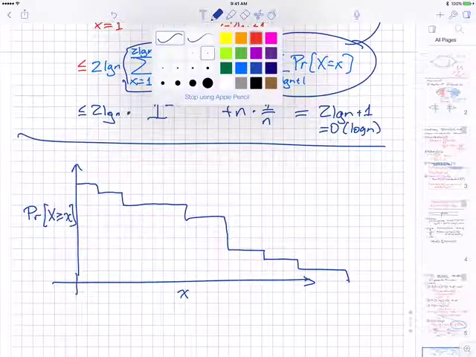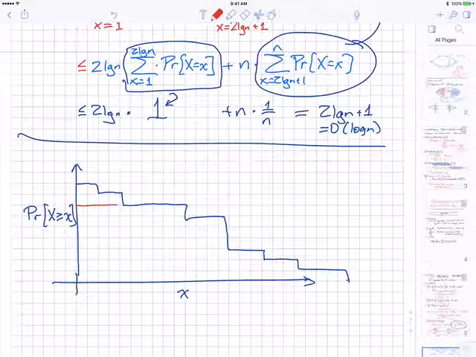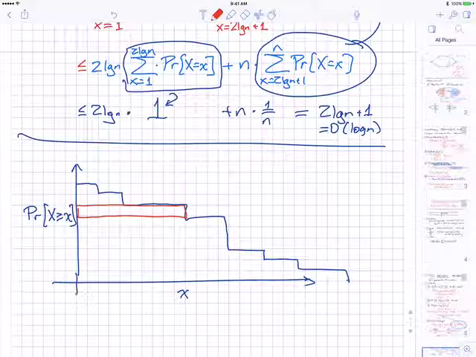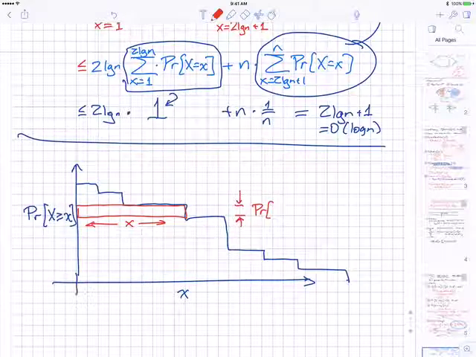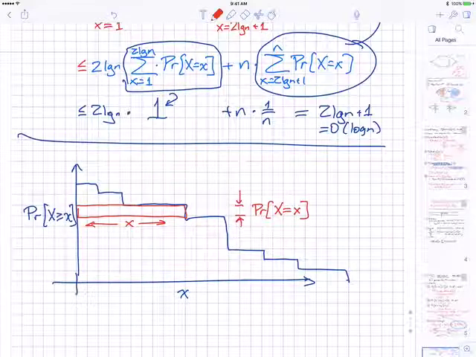But now, if I look at a particular stripe here, on the one hand, the width of this stripe is x. On the other hand, the height of this stripe is the probability that capital X is equal to x, because this value is the probability that it's greater than or equal to x, and this probability is the probability that it's greater than or equal to x plus 1. And I'm subtracting those two values.